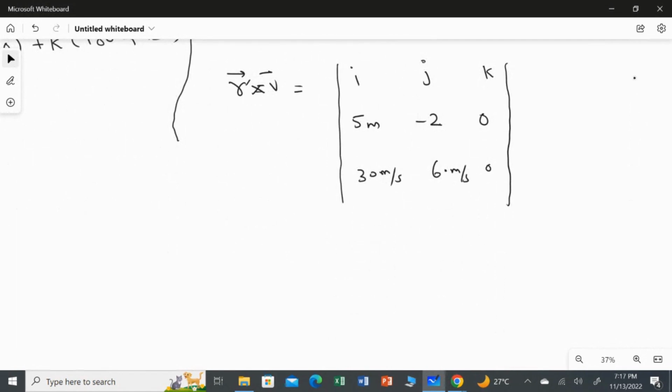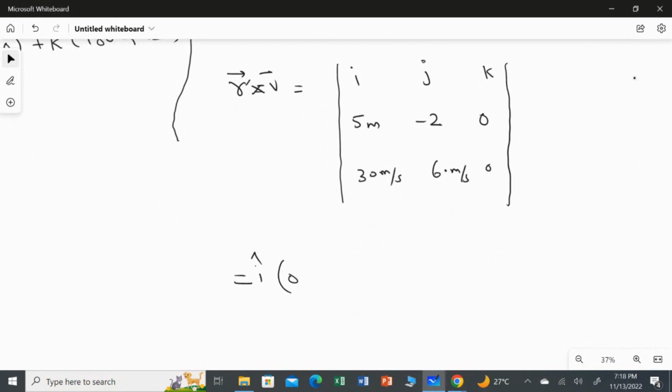Again, I have to play with this. We have to find the i cap, right? So how to find i cap? You should not touch the first row and the first column, and we have to go this direction. So when you multiply 0 with -2, it's 0, and minus, when you come this side, it is negative. From here to here, it's positive, but from here to here, it is negative. Clear? So -2 multiplied by 0 is 0.